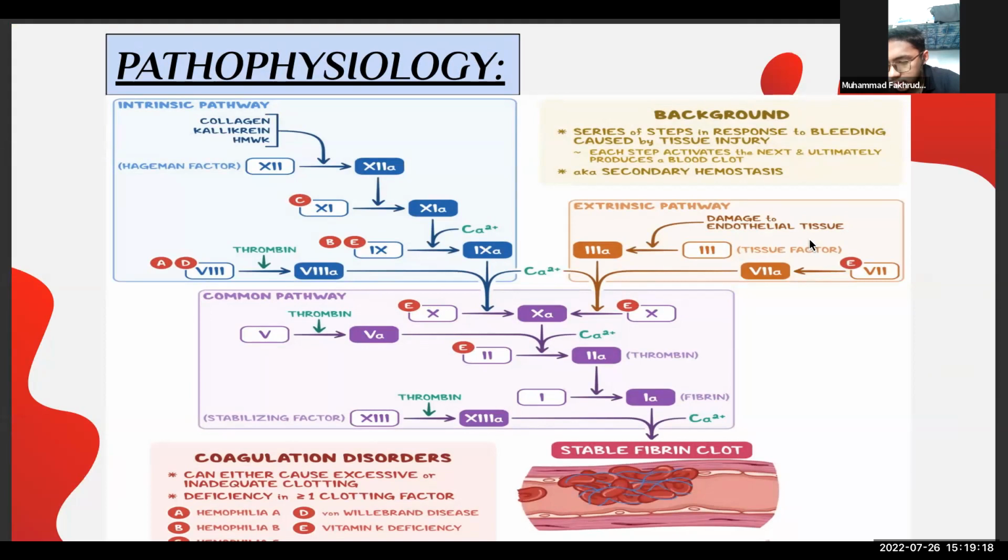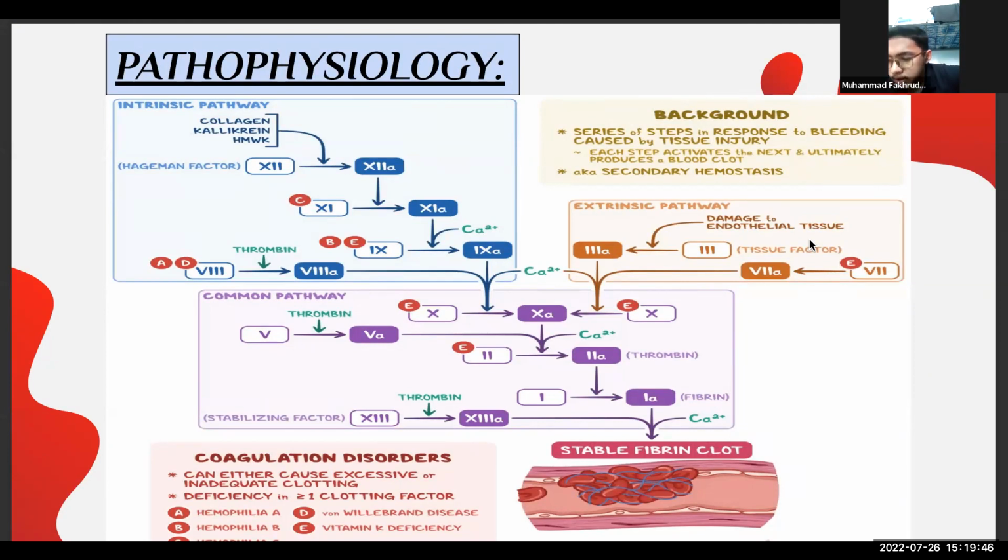This picture shows the coagulation cascade. The coagulation cascade consists of two pathways, the intrinsic pathway and the extrinsic pathway. And hemophilia involves the intrinsic pathway, whereby there is a defect in factor number 8 for hemophilia A and number 9 for hemophilia B, as you can see from the picture.